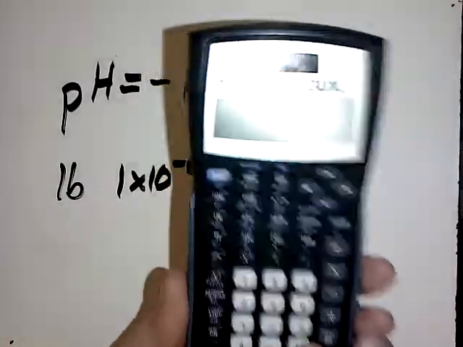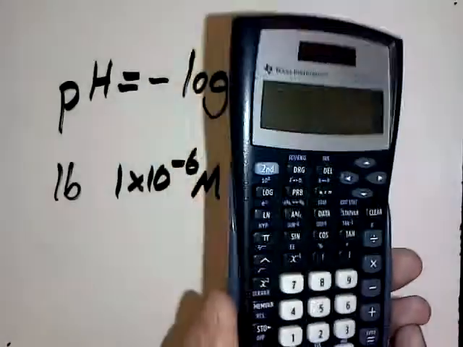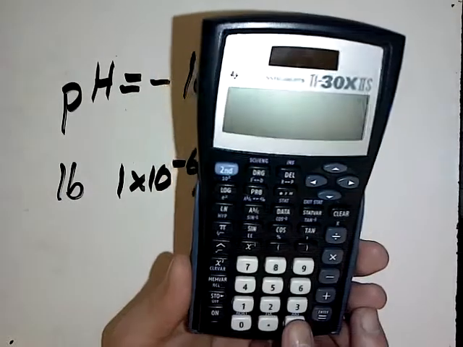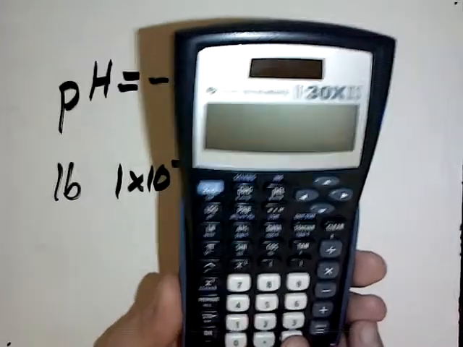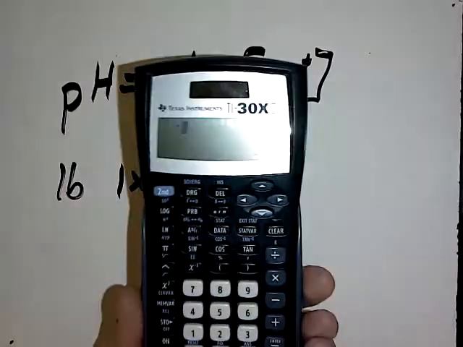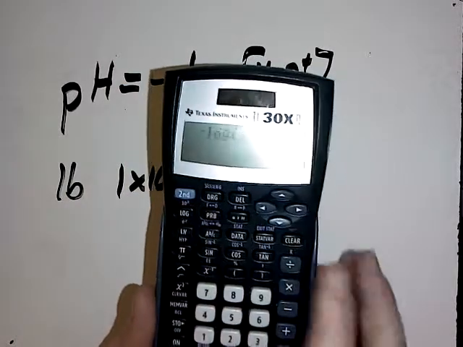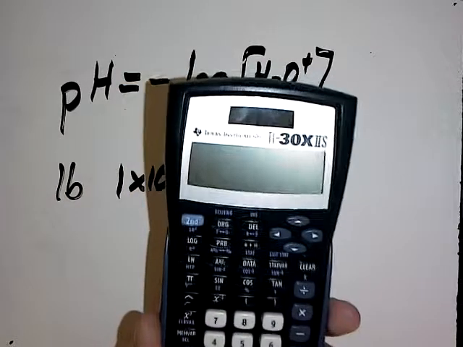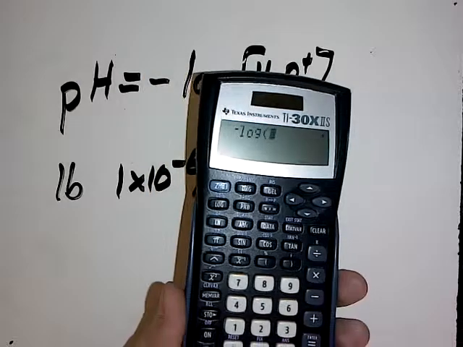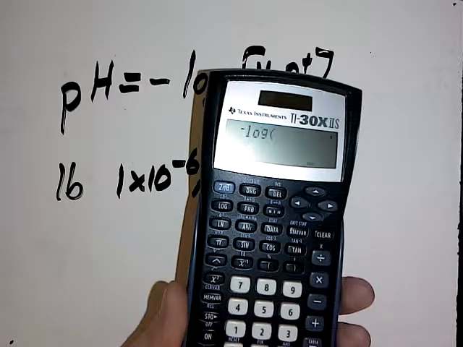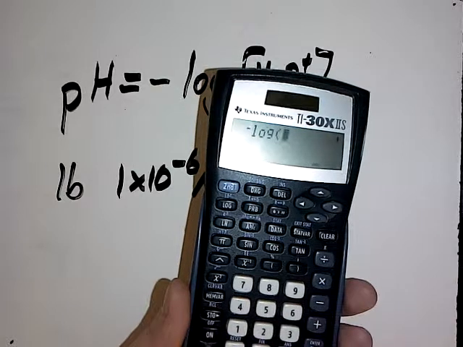So I'm going to hit the negative button. See if we can get that where you can see it. Yeah, this is really annoying with the glare. There it is, kinda. Okay. Negative log. You see it pops up negative log. It opens up parentheses for me. There we go. Negative log, and I'm going to type in 1 times 10 to the negative 6th.